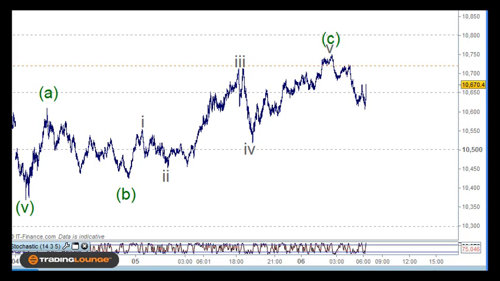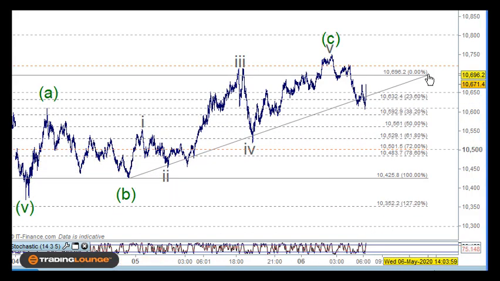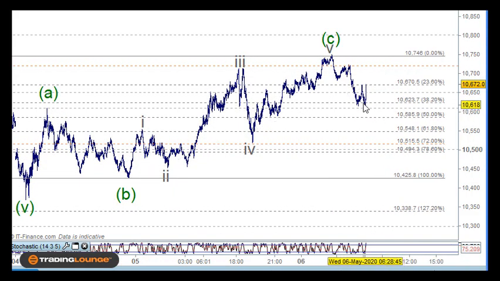One thing I want to point out here is that this top of this A wave, because I'm kind of thinking this could be wave 1 here, 2 here, and 3 up here, and back for 4 here, and then up from that point. So I just got to consider all these things. If I take this low here and here, that's the 38.2% retracement level.